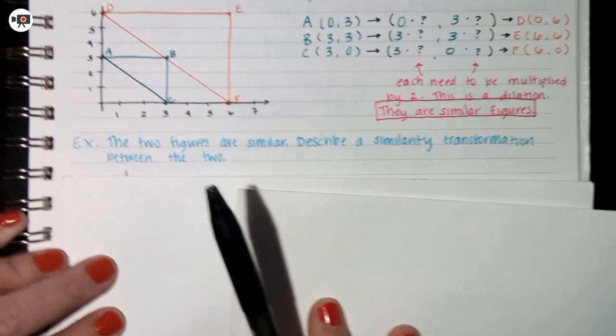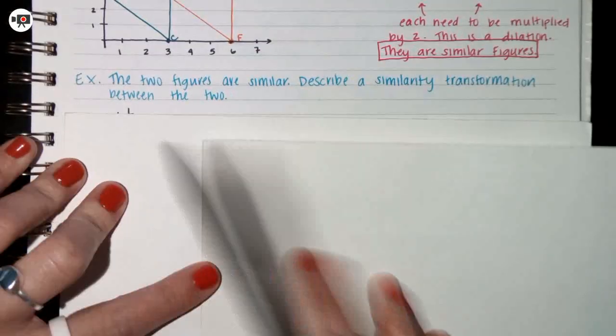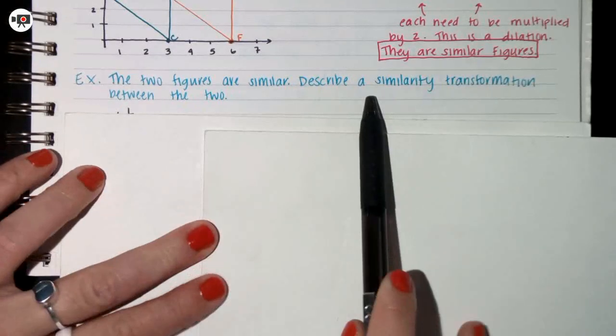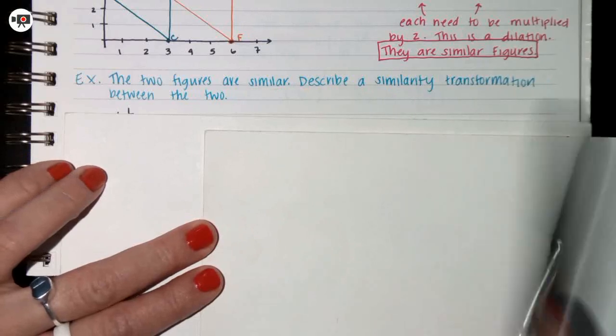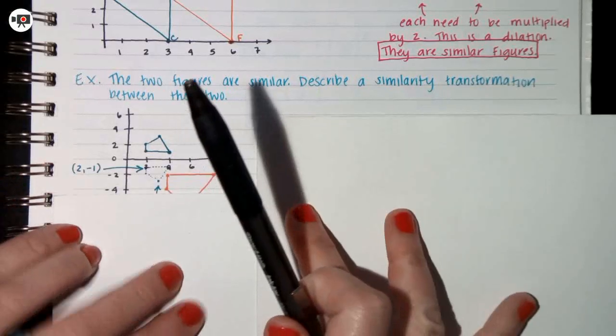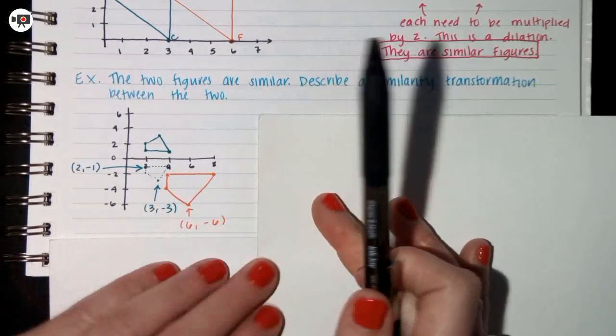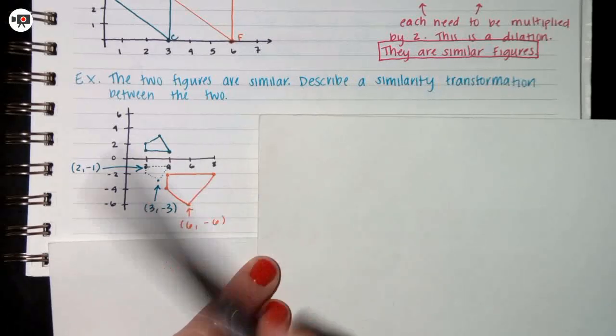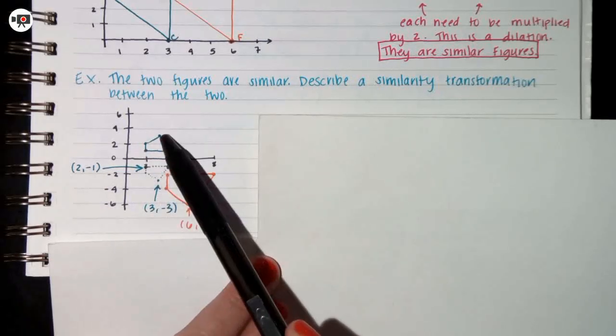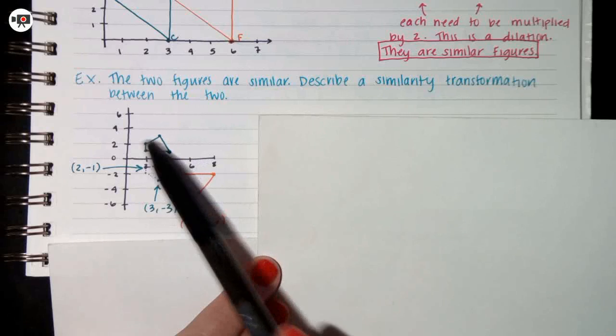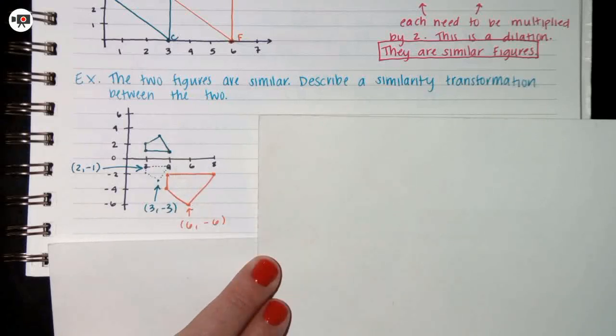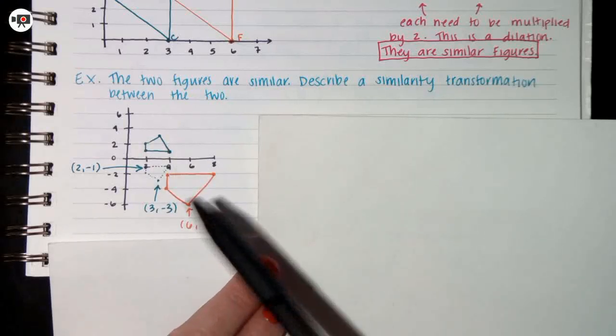Now we are told that these two figures are similar, and we're going to describe a similarity transformation between the two. To know some points here, if I start with the teal, this is a 1, 2, 3, 4. It is a quadrilateral of some kind.